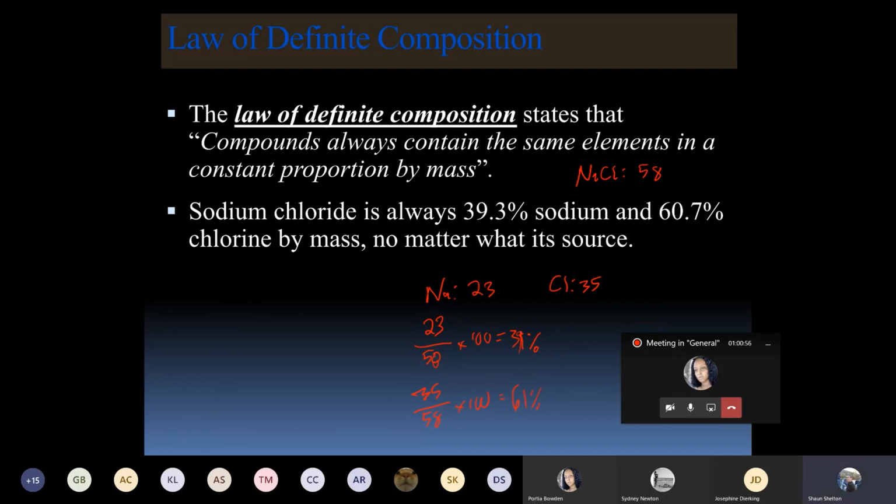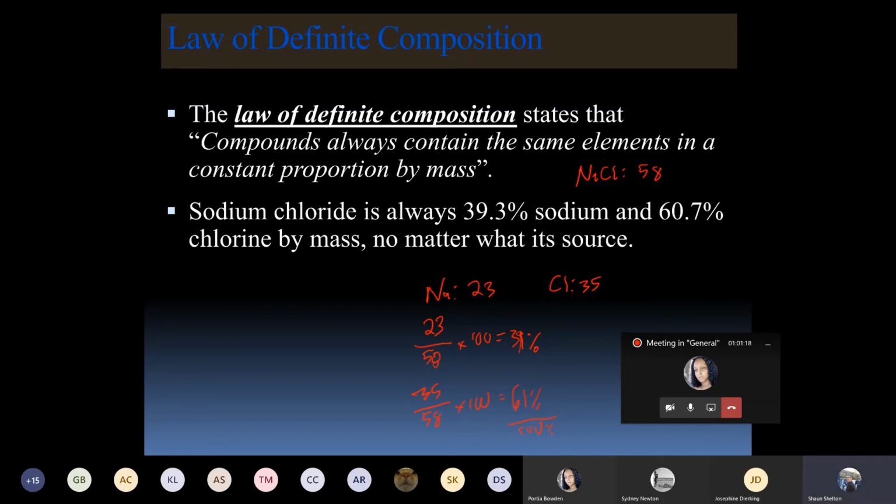And you can always check yourself by adding 39 plus 61, and that'll total 100%. You want it to total 100% as it is mathematically, because it's always out of 100%. So that's how you do percent composition. Percent composition is based off the law of definite composition.